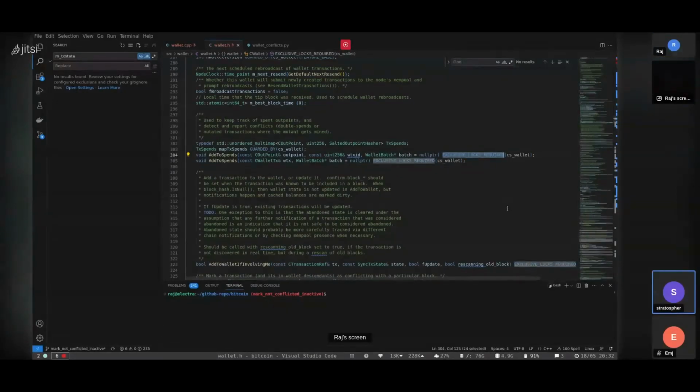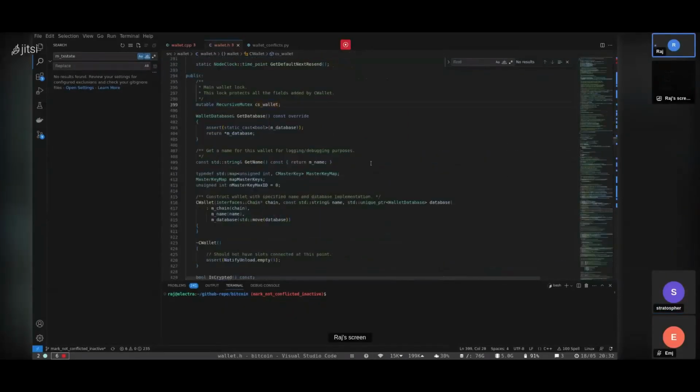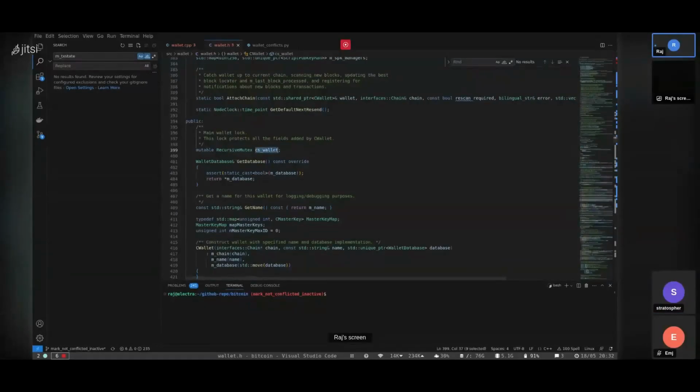It's so that when you enter that function and perform some operations, if some other thread is executing another set of operations which require that same lock, we shouldn't do it, in case there is some inconsistency, like if both those threads were using the same variable and changing it. This cs_wallet, or cs_node, and other cs things are called critical sections, and they are basically recursive mutexes.